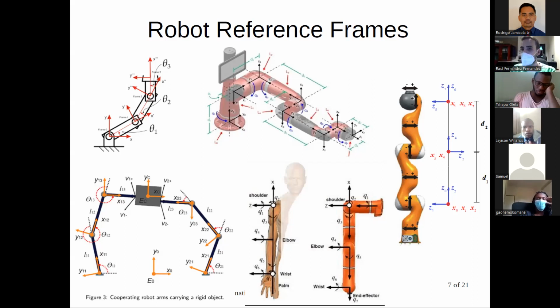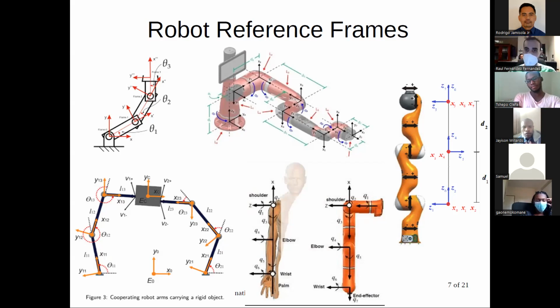And that's important because if you know this distance, you will later know what will happen if I move like this, because I know the distance and I know how it has changed. So that's more or less the idea. And here you will see different joints that can be applied to different robots.